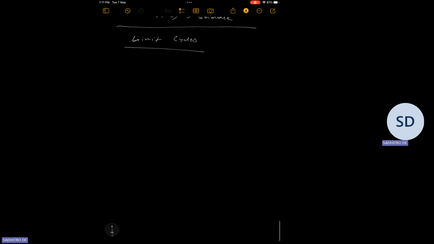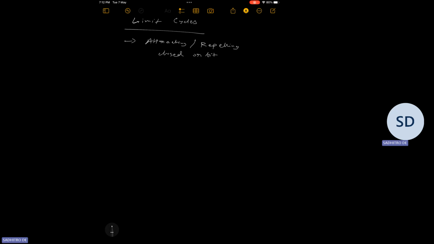The limit cycle differs from a center in the sense that it can be an attracting or a repelling closed orbit. By attracting or repelling, I mean that it can be a stable limit cycle or an unstable limit cycle. For example, if you have a cycle like this, any trajectory starting from inside approaches it, and any trajectory starting from outside also approaches the cycle.